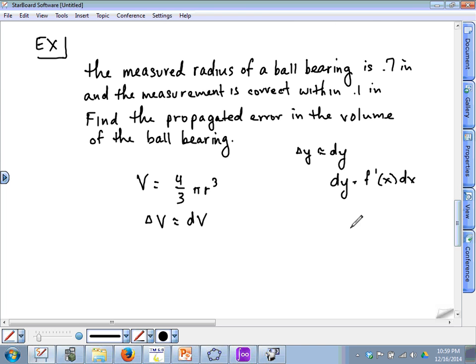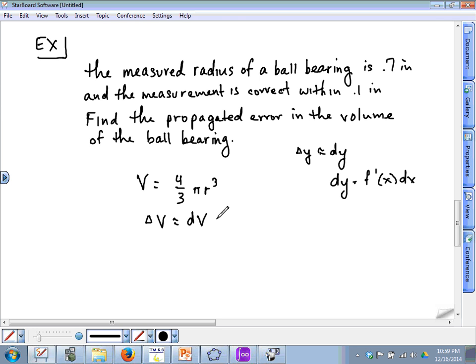So dV, if we wanted to find the derivative here, you're going to drop down the 3 and reduce this power, so it's going to be a power of 2.